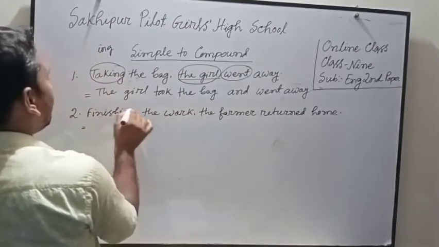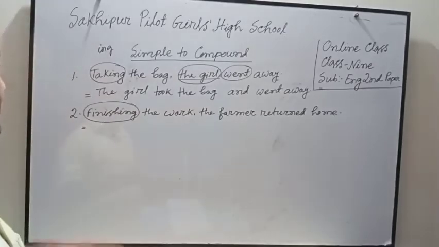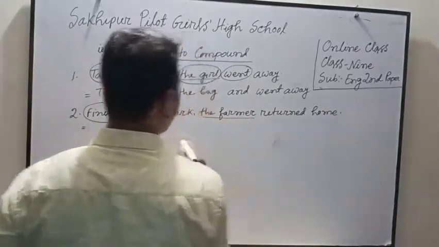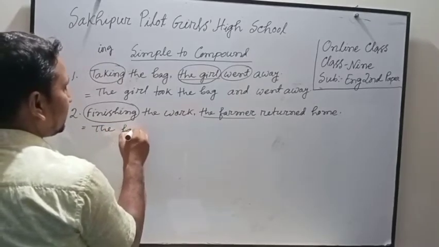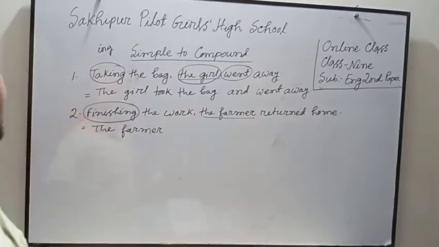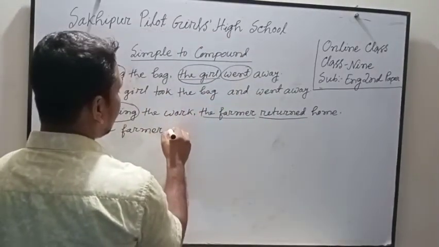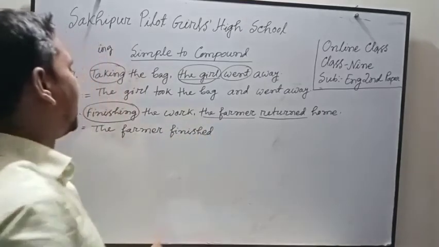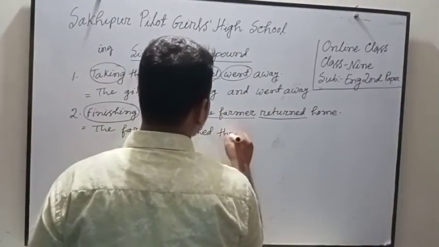At first, the sentence also begins with the participle finishing and has only one subject, the farmer. At first, we have to write the subject, the farmer. Then the participle will be changed according to the verb returned, first form: finished. Then write the rest of the part of the sentence, the verb.